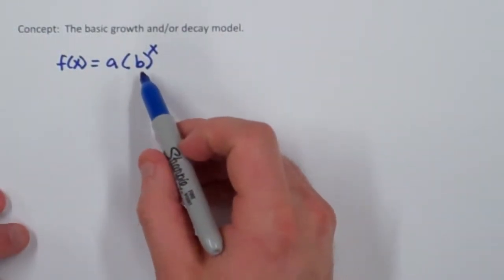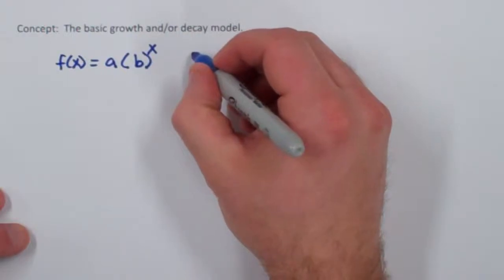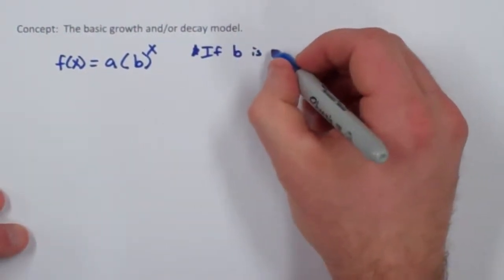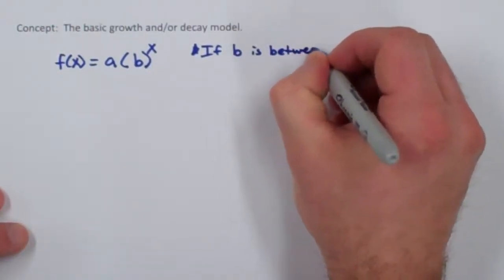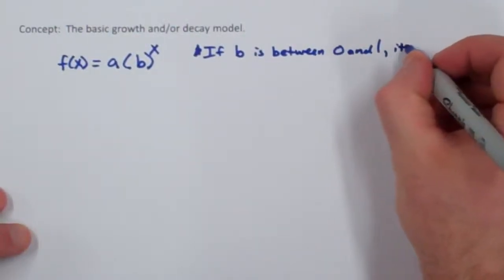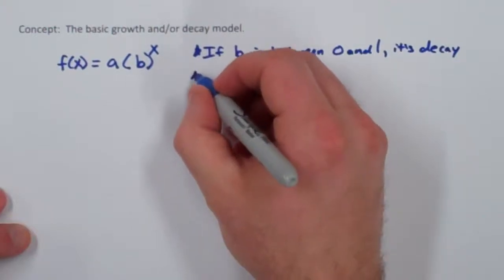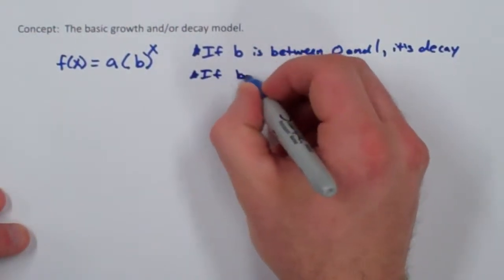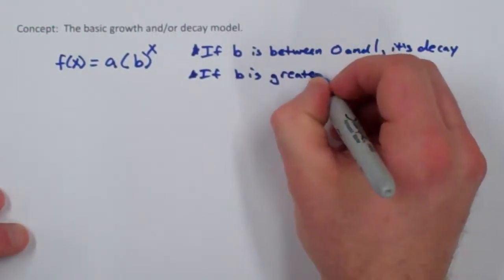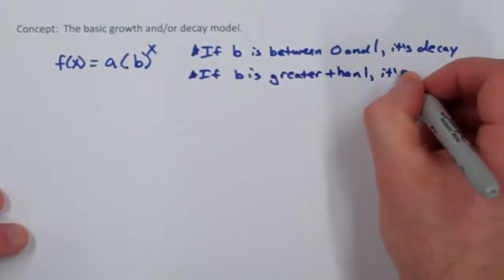So the trick with this is if b is between 0 and 1, it's decay. And if b is greater than 1, it's growth.